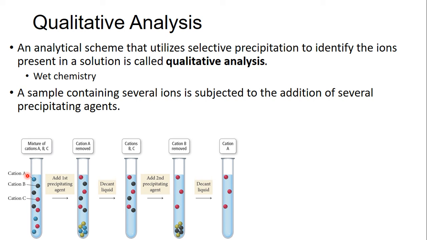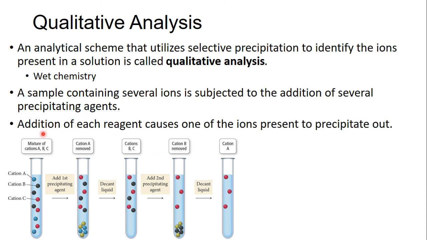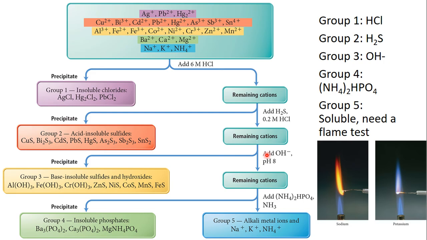So you have several ions, and what you do is you just add different reagents to make solids out of these cations. So you're going to form an insoluble solid. You remove that insoluble solid, and you keep doing it till all your ions are removed. And the idea is usually you want one of the ions to precipitate out.